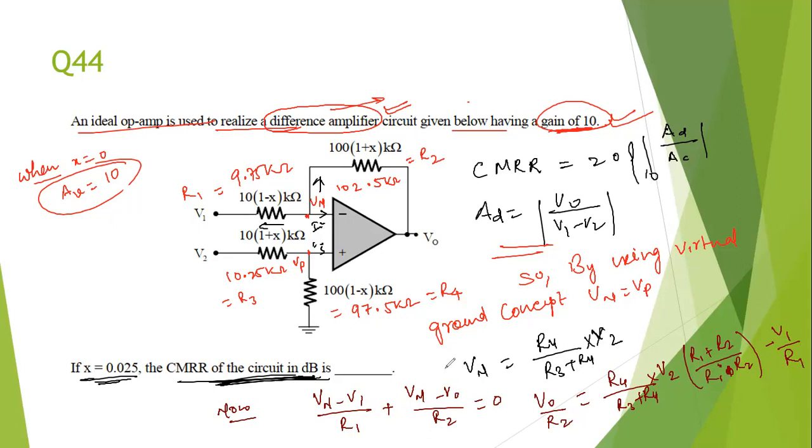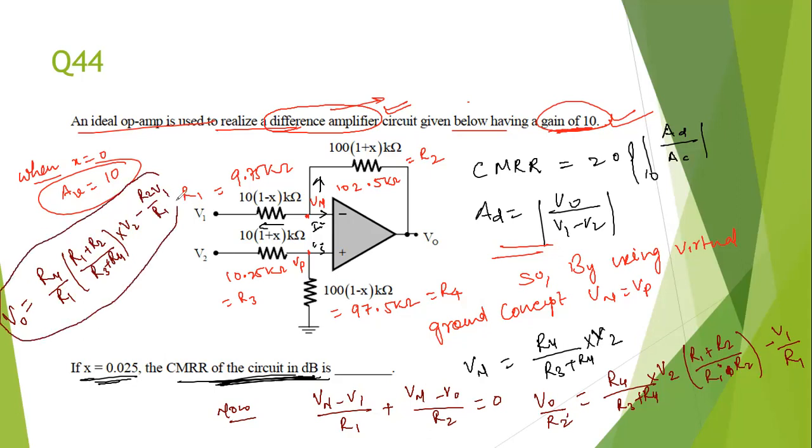So just put all these values and you will get V0 equal to, just put R1, R2, R3, R4, all values. So V0 becomes R4 by R1 and R1 plus R2 by R3 plus R4 into V2, minus R2 by R1 into V1.